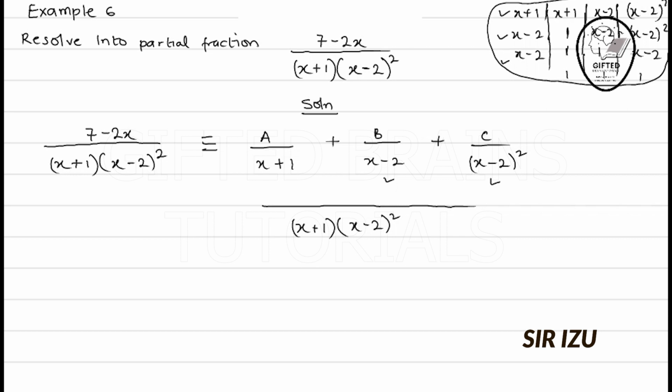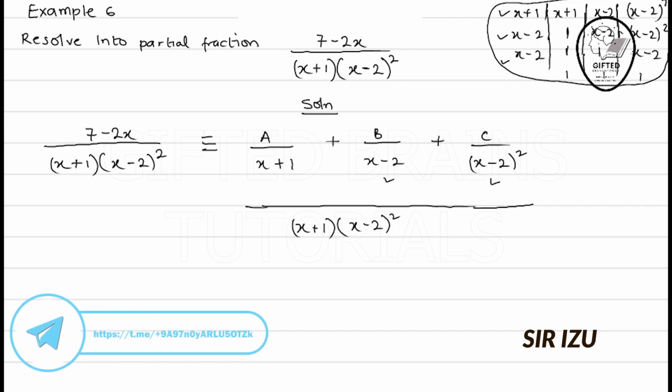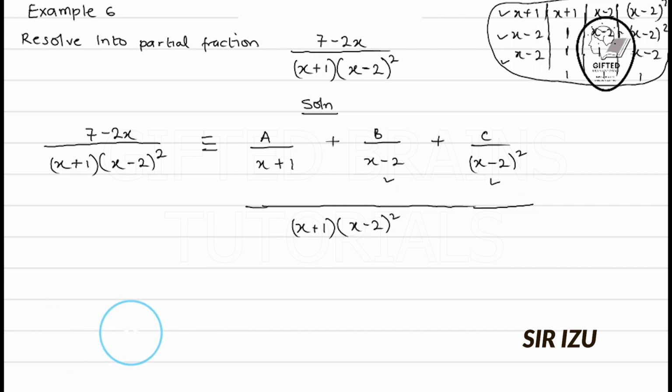Now, having done that, we then combine the fractions. x plus 1 goes through the denominator, gives us x minus 2 all squared multiplied by A. That will be A into bracket x minus 2 all squared. Then plus, again, x minus 2 goes through the denominator, will give us x plus 1, x minus 2 times B. And that will give us B into x plus 1, x minus 2.